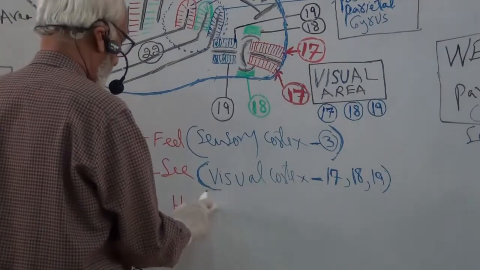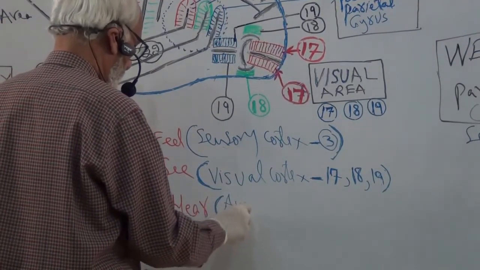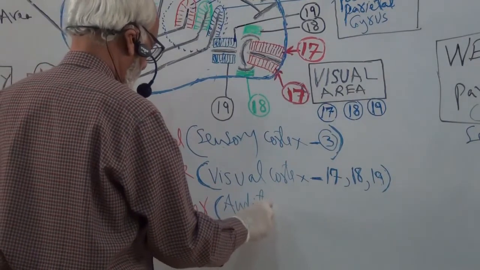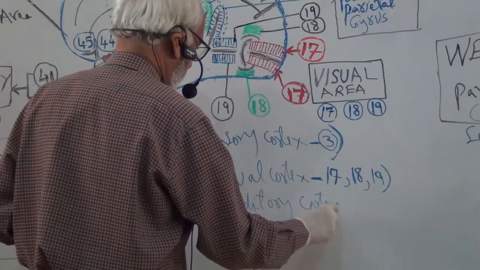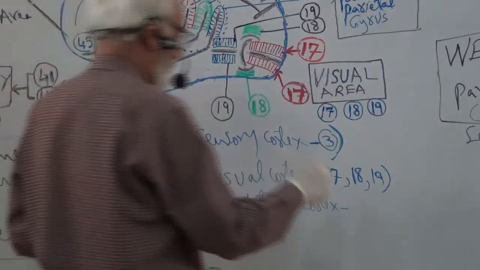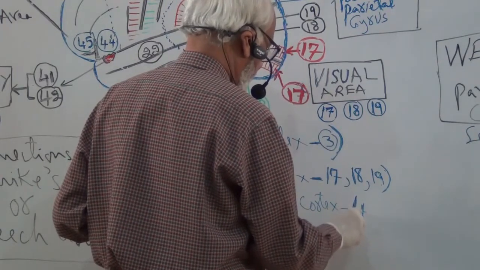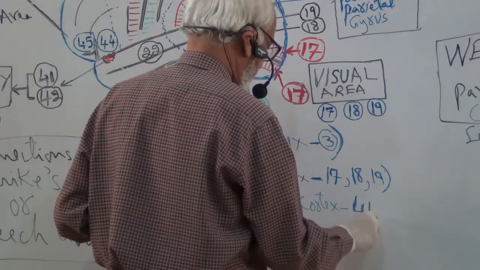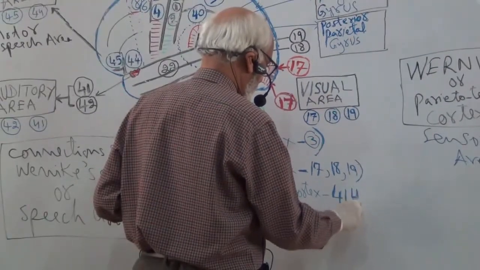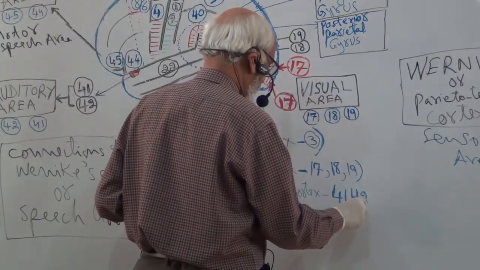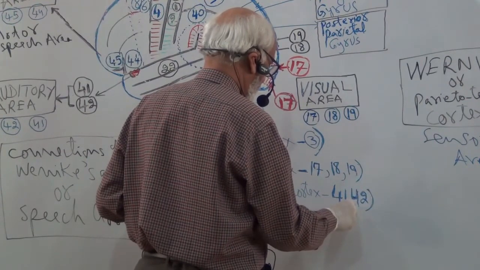Then for hearing, the auditory cortex in the temporal lobe, area number 41 and area number 42, for hearing.